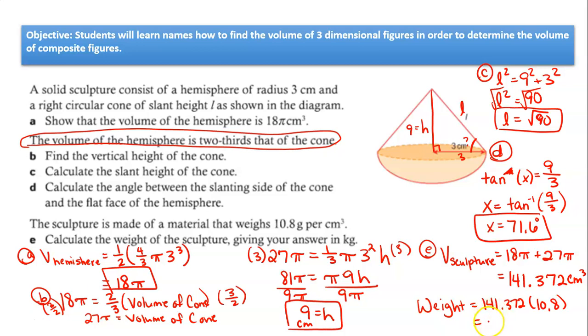And we end up with 1,526.81 grams. And then to take it to 3 sig figs, because they didn't tell us what to round to, that would be 1,530 grams.